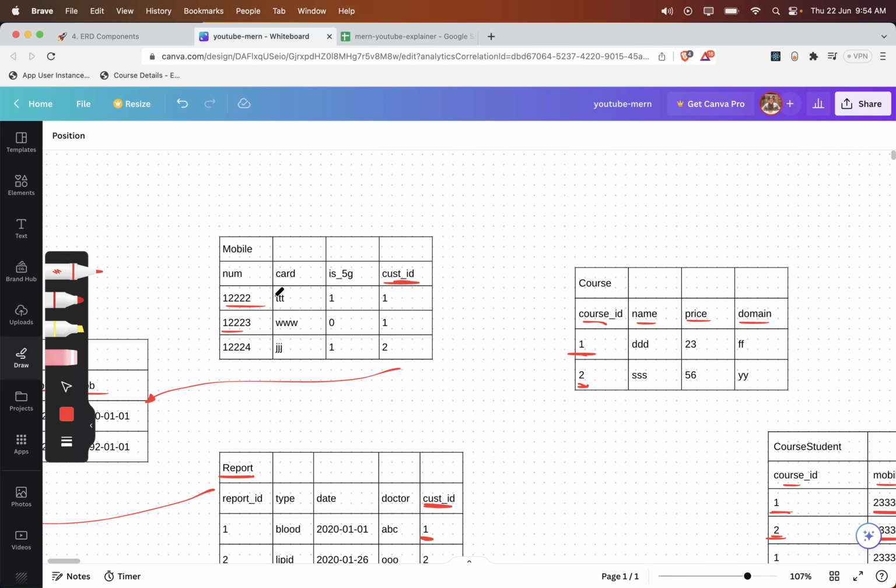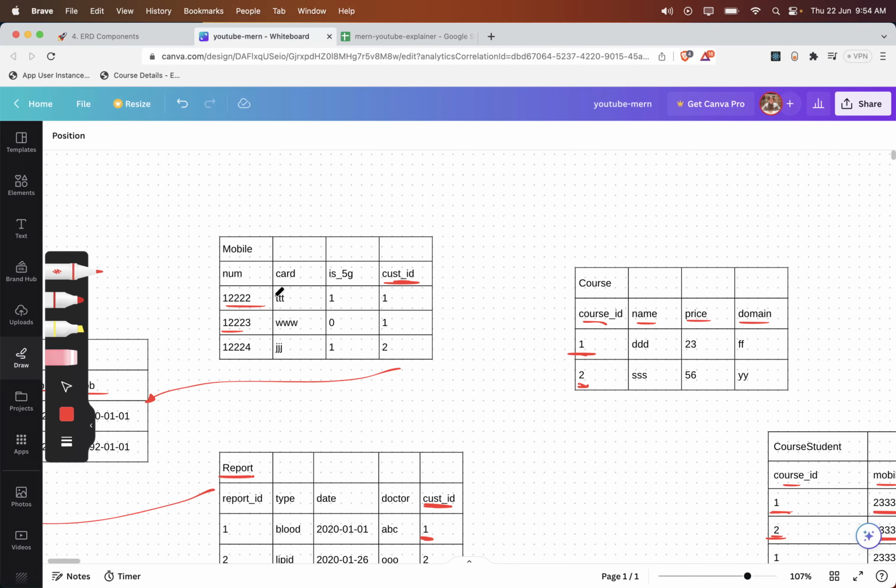Then relationship, can you see? Student enrolls for the course. One to many relationship: one student can enroll for multiple courses. So here I have taken one to many, but whatever we have seen in the previous, I have considered this as many to many, no problem, just as an example.